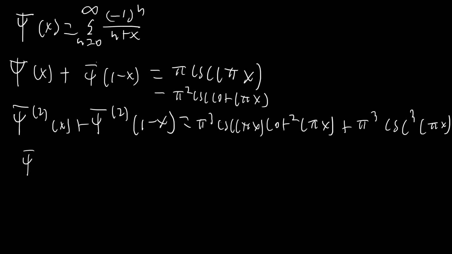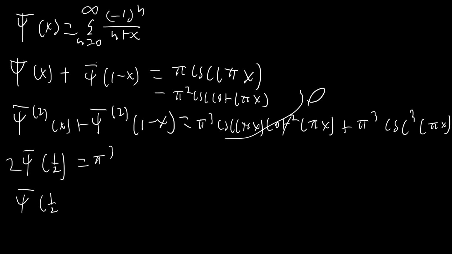We're going to get 2 times digamma 2 bar of 1/2, since 1 minus 1/2 is also just 1/2. And this whole term is going to disappear because cot of pi over 2 is just 0. Cosecant of pi over 2 is just 1, so we're just going to end up with pi cubed. So that tells us that digamma 2 bar of 1/2 is equal to pi cubed over 2.